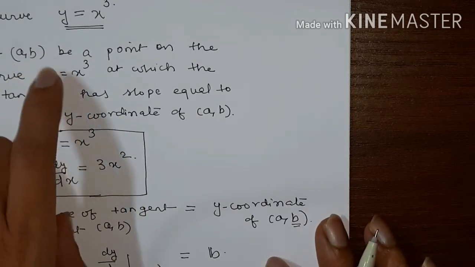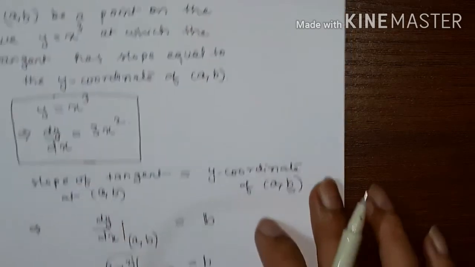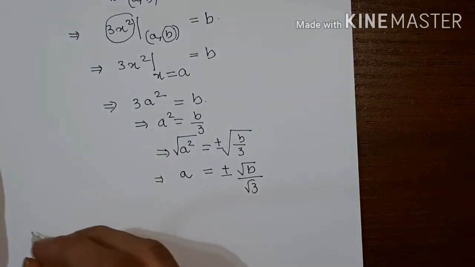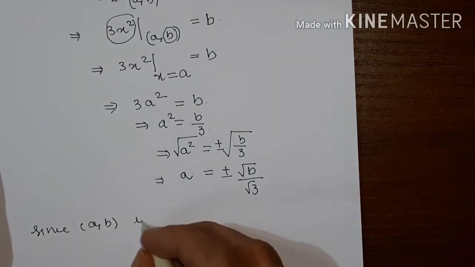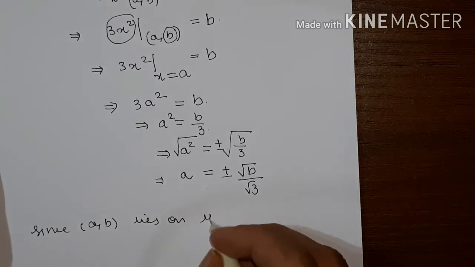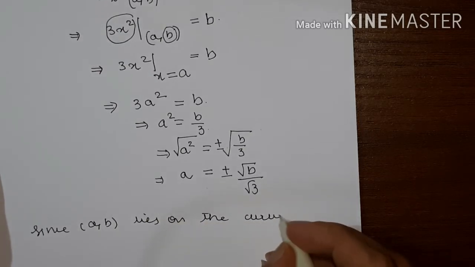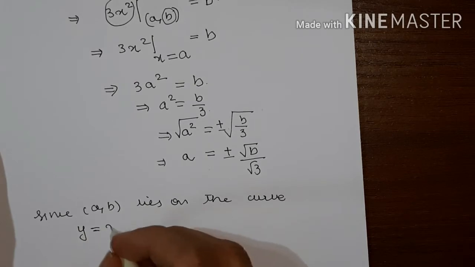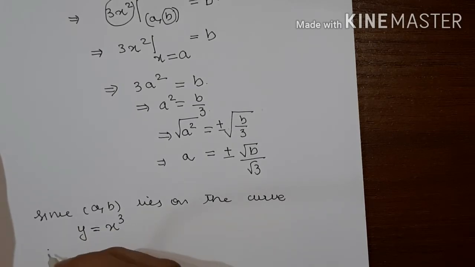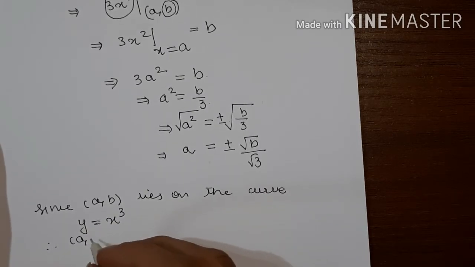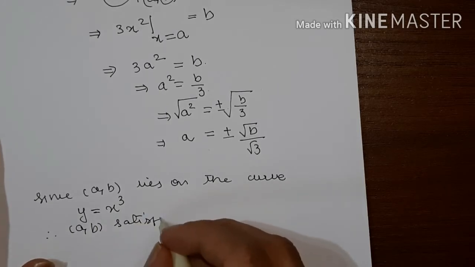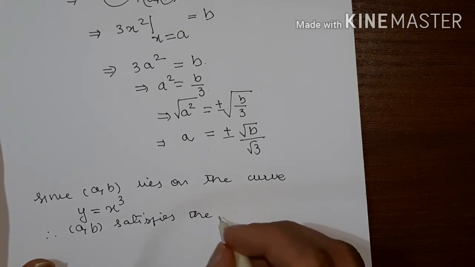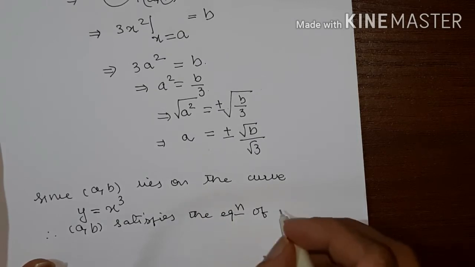Since a comma b lies on the curve y equal to x cube, the point a comma b satisfies the equation of the curve.